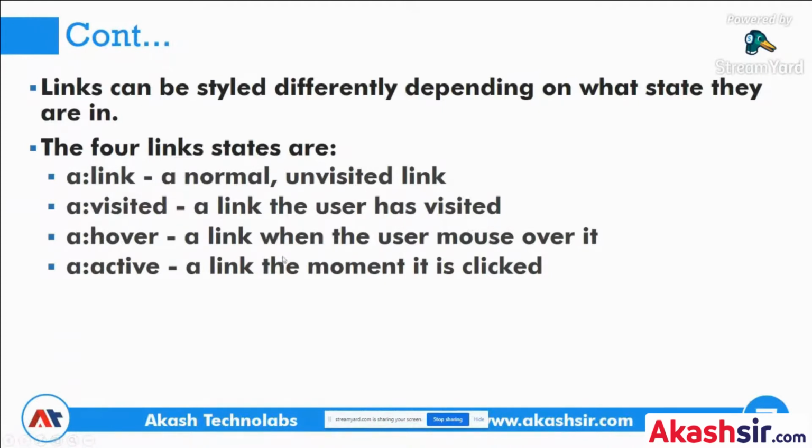Active is the moment when it is clicked, means whenever you're clicking on the particular link, the color will be changed. So we can see in a link we have 4 different states: link, visited, hover, and active. So you can specify the different states and a different color for each state.